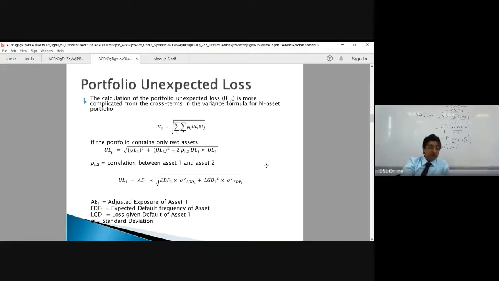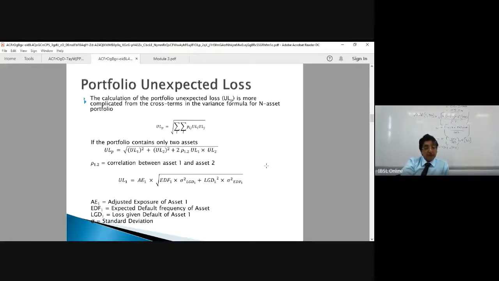If you just calculate the UL1, UL2, UL3 and so on and so forth, then how are we going to get the portfolio risk or portfolio unexpected loss calculated? I'm just now trying to do that. Now you can see the upper level ULP is given. That is a portfolio's risk, unexpected loss.